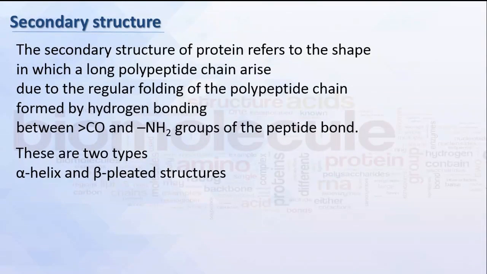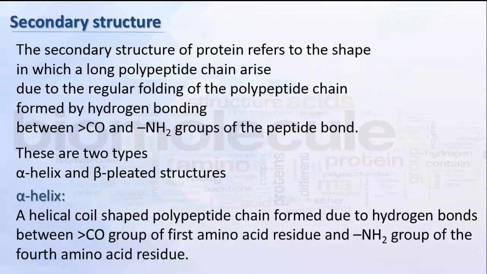These are 2 types: alpha helix and beta pleated structures. Alpha helix: a helical coil-shaped polypeptide chain formed due to hydrogen bonds between the CO group of the first amino acid residue and the amino group of the 4th amino acid residue.